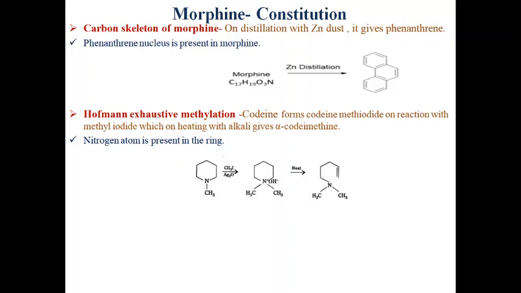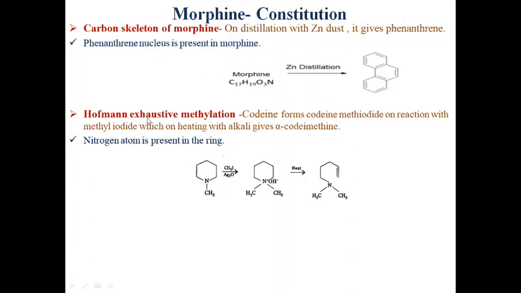The next part is the determination of the carbon skeleton of morphine, which is done by the following reaction. Morphine on zinc dust distillation gives an important compound, phenanthrene. The inference drawn from this reaction is that the phenanthrene nucleus is present in morphine.